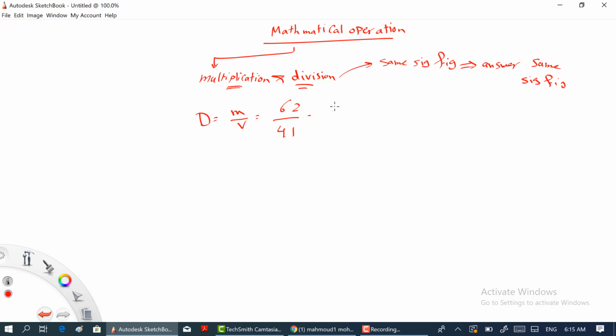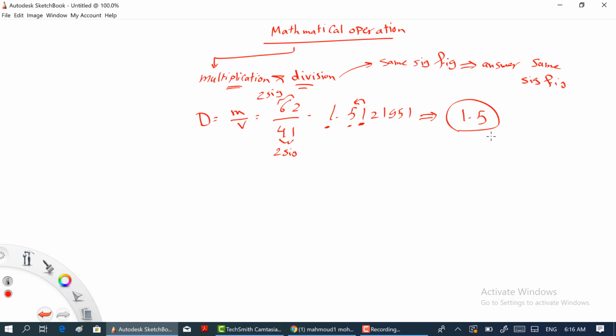In this case, the answer will be 1.5121951. Since we have 2 significant figures and also 2 significant figures, the answer will be rounded to 2 significant figures only, the 1 and the 5. So the answer will be 1.5. In this case, we look at the number at the right of the 5. This 1 does not round the 5 up to 6. So the answer will be 1.5.